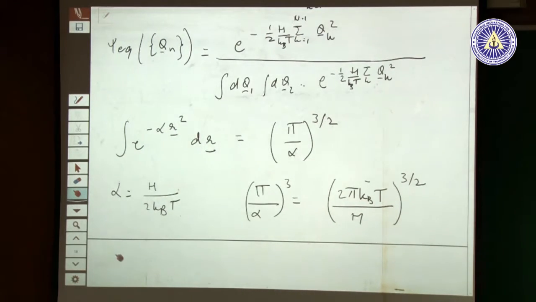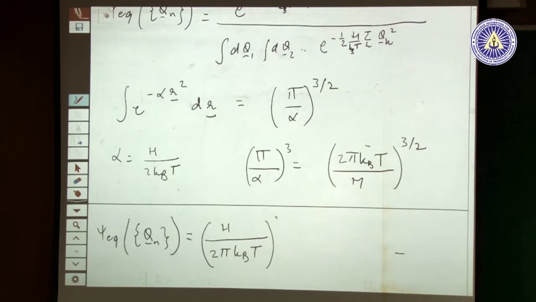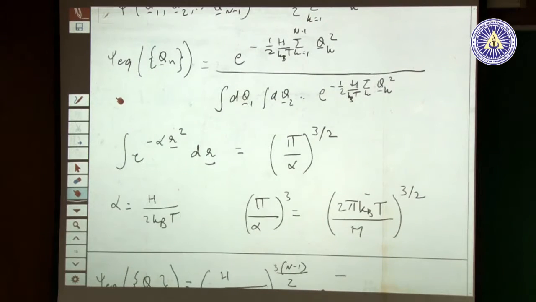So we can work out the denominator. So psi equilibrium would be, and that is in the denominator, so this goes to the numerator. I would get H over 2 pi kBT, and there are n minus 1 of these, and then I have the exponential that just comes from here.